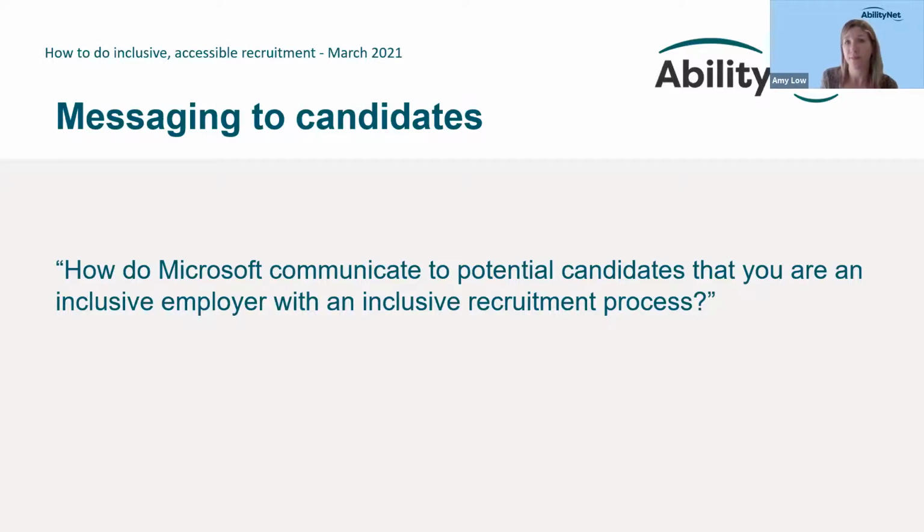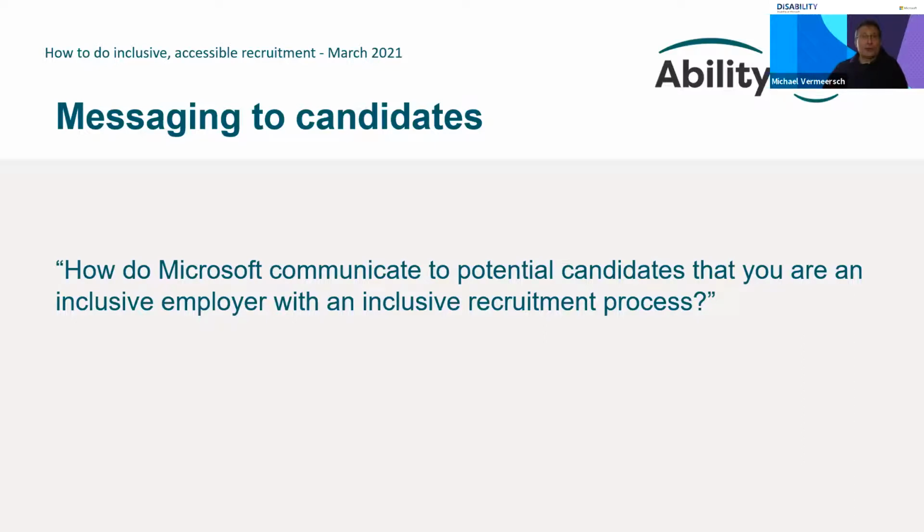Thank you. It's an interesting question, which has three parts almost to it. On the one hand, I would say passively through our careers page and the initiatives which surround that.